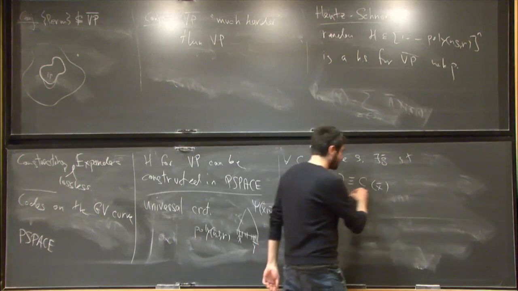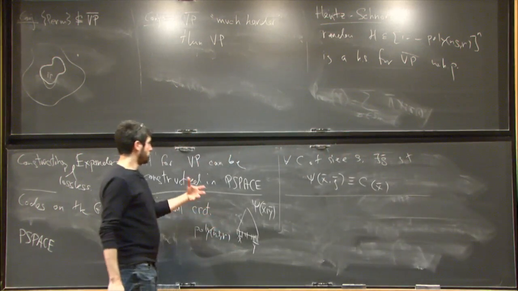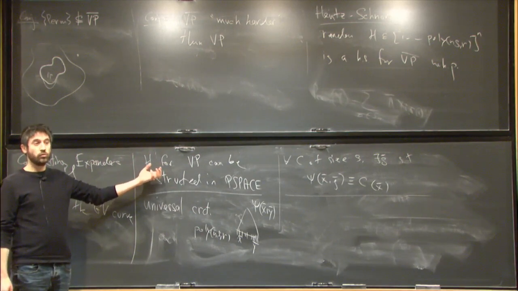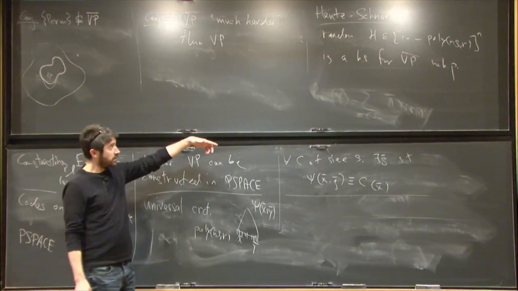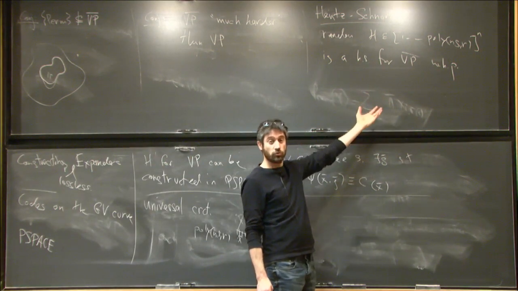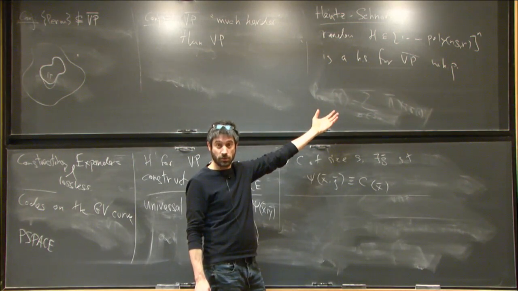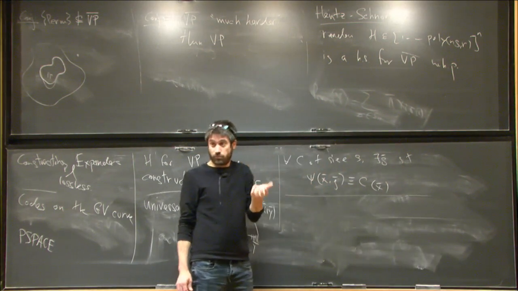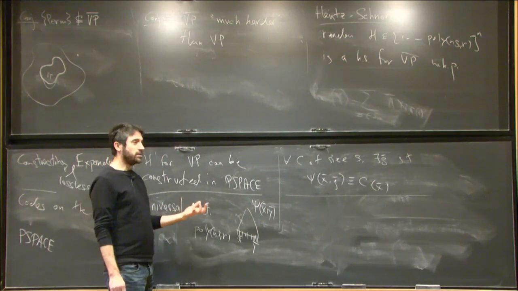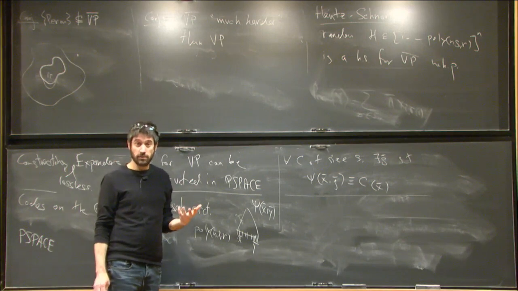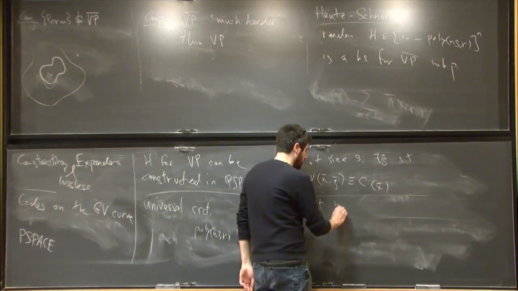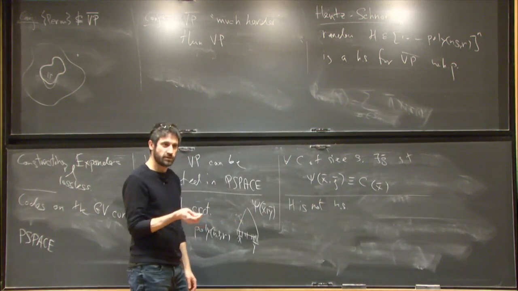We want to construct H in PSPACE. How do we do that? Einstein and Schnorr told us that this H exists in some small set. So we can try to enumerate over all sets H. And then given a set H, you have to check whether it's a hitting set or not. And that's the hard thing. So what does it mean that H is not a hitting set?